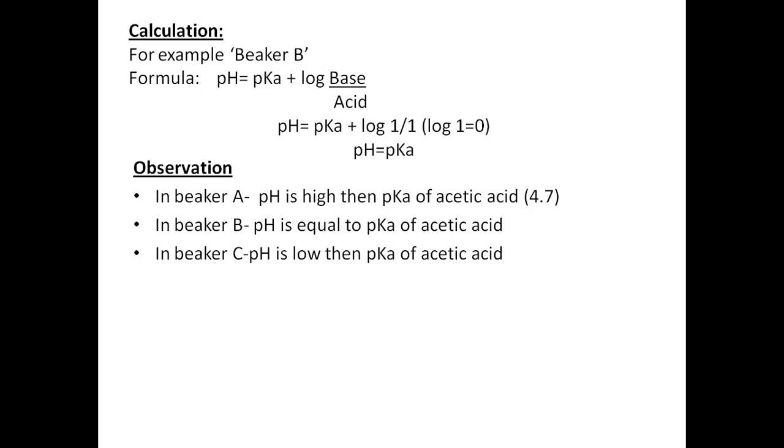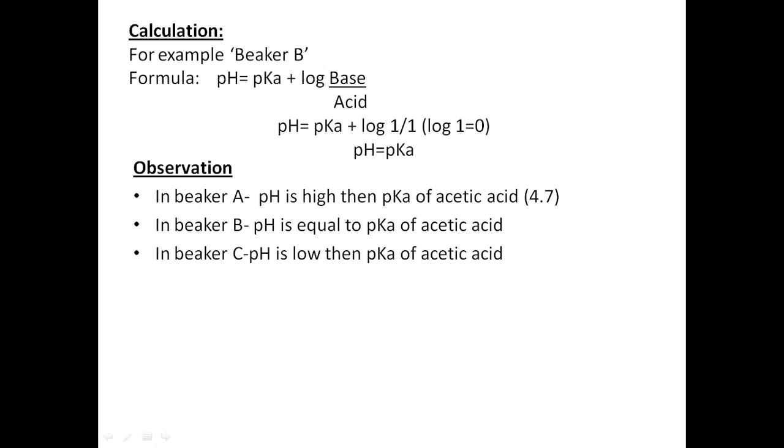So in this case, when there are equal amounts of acid and base, the pH will be equal to the pKa, right? As we know the pKa for this was 4.7, so the pH will also be 4.7, right? Then we will put our pH meter in the solution, and then we will check our results.